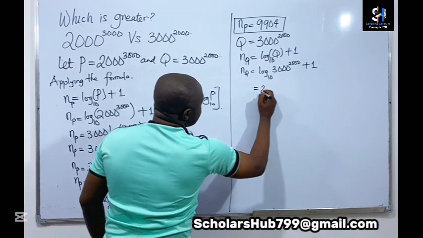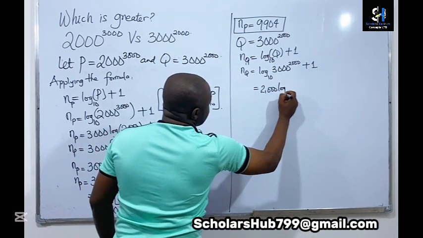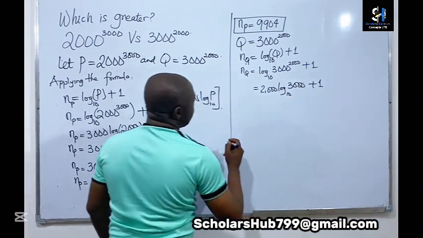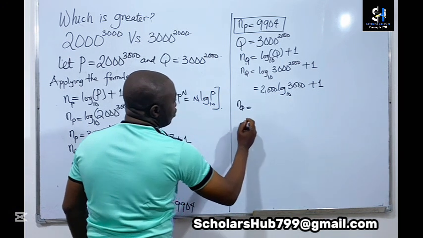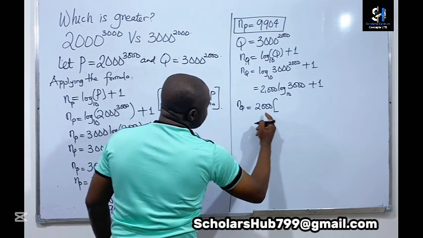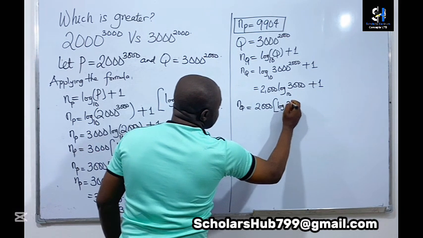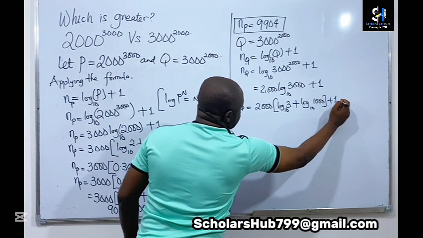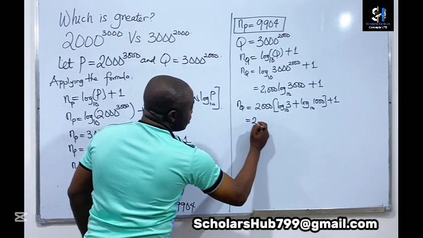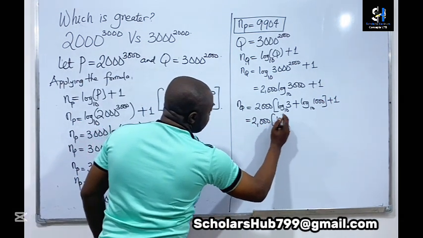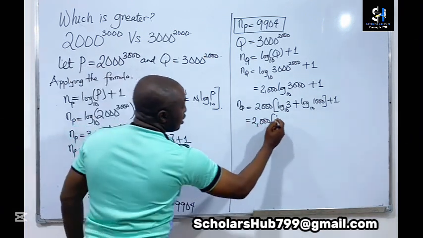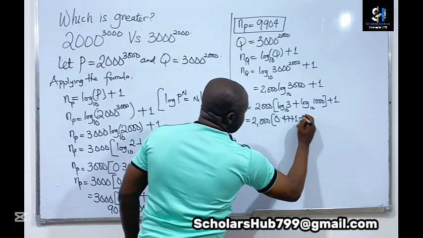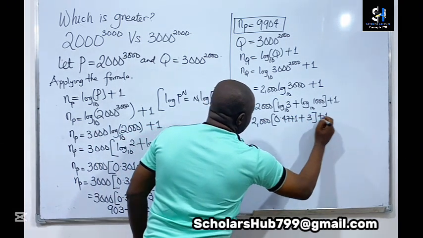This becomes 2000 multiplied by log to base 10 of 3000, then plus 1. So this equals 2000 open square bracket, log to base 10 of 3 plus log to base 10 of 1000, then plus 1. So we have 2000, then log to base 10 of 3, that will be 0.4771, then plus 3, then plus 1.